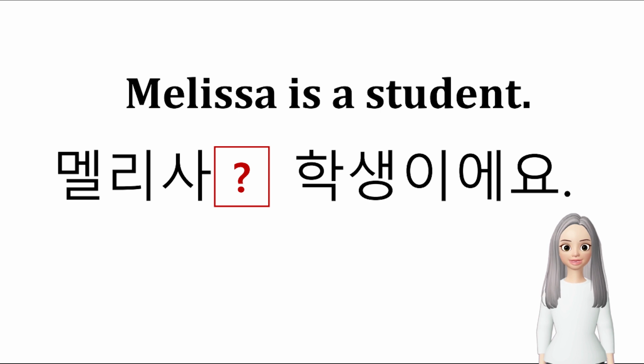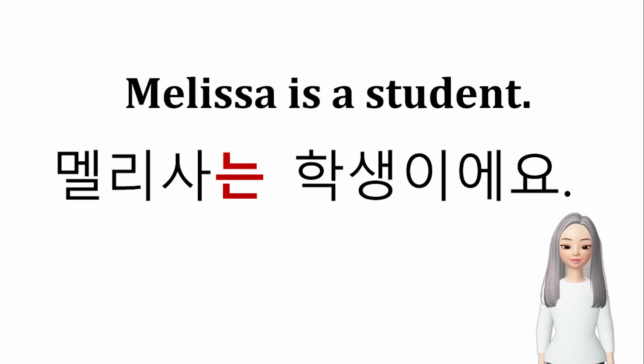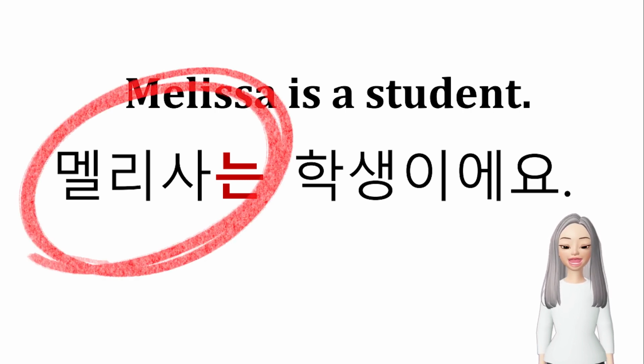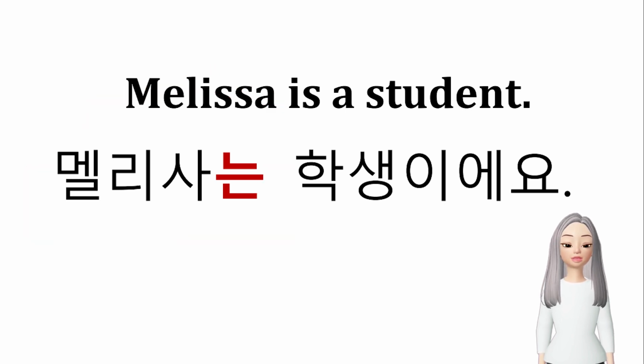Let's try another example. This time, the sentence is Melissa is a student. What should go in the blank? Right! Congrats to who got it correct again. 멜리사는 학생이에요. Because the last letter, 사 from 멜리사 ends with a vowel. It has no 받침.